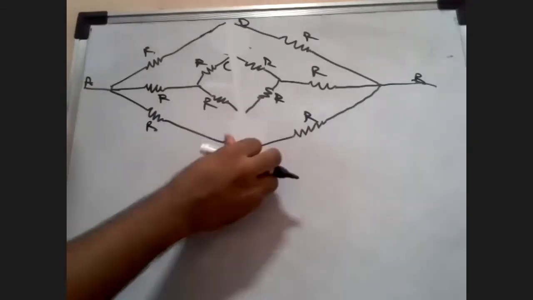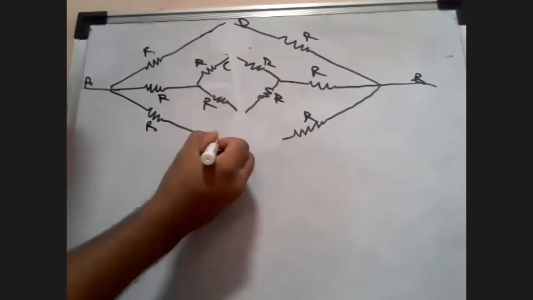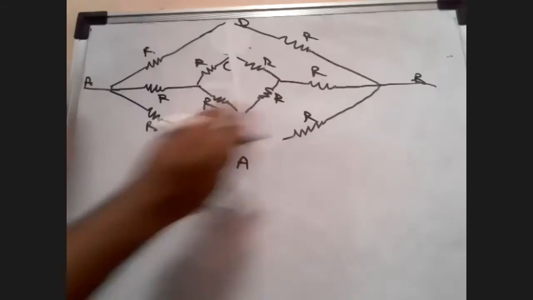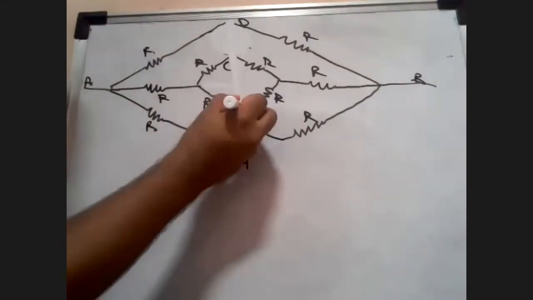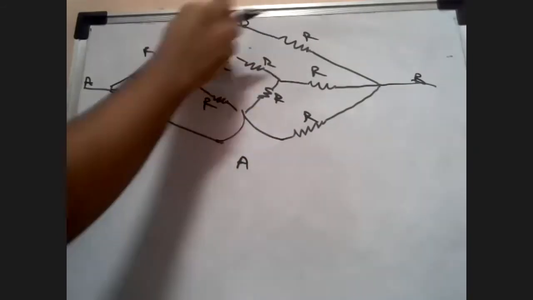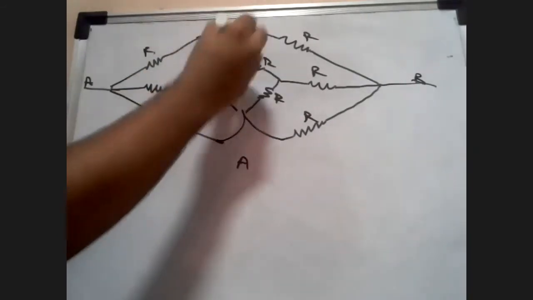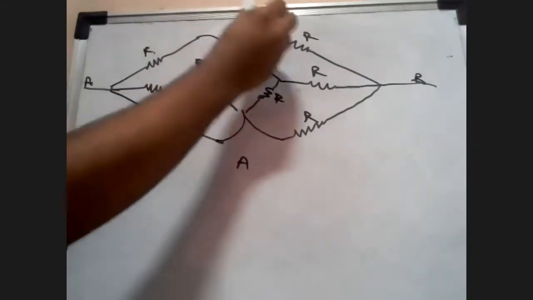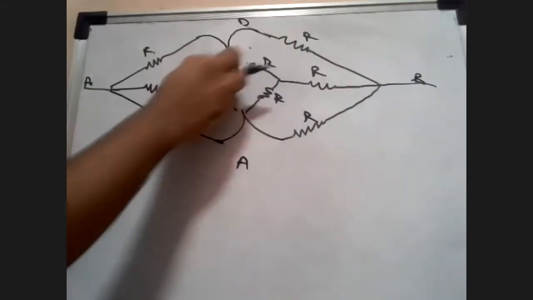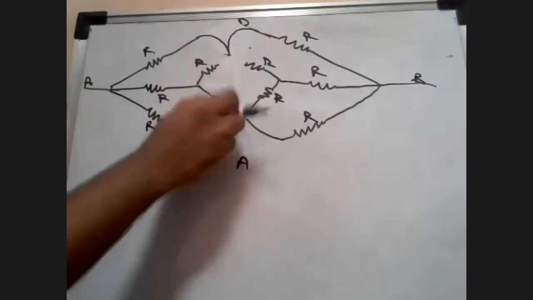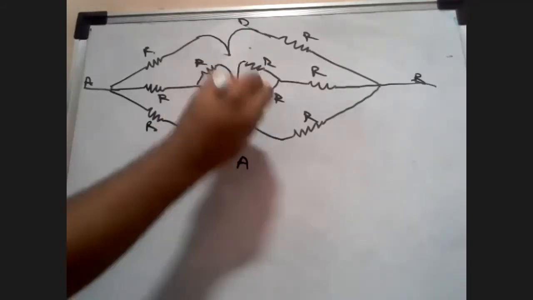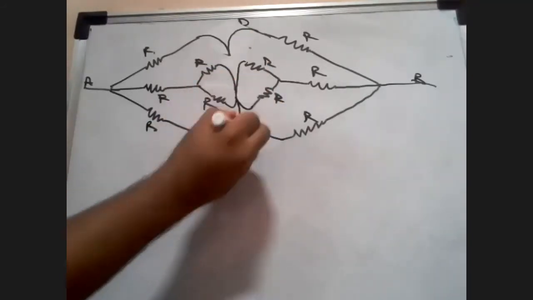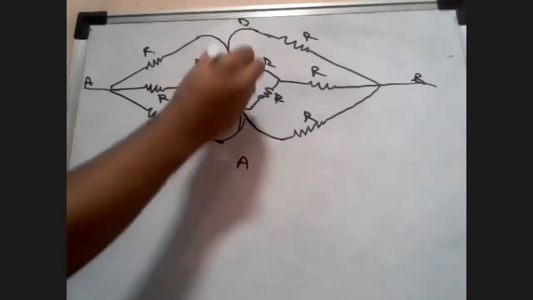So this right here will turn out something like this. And even these points will turn out like this.